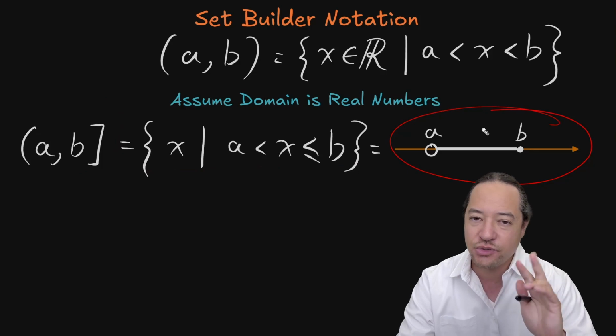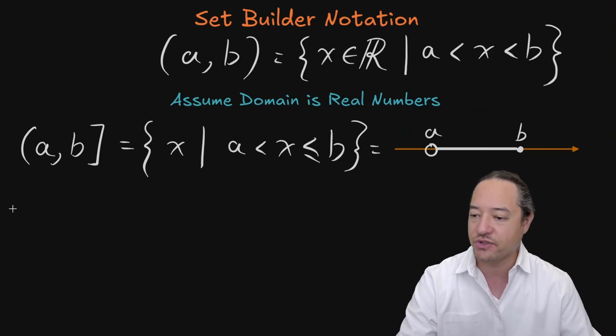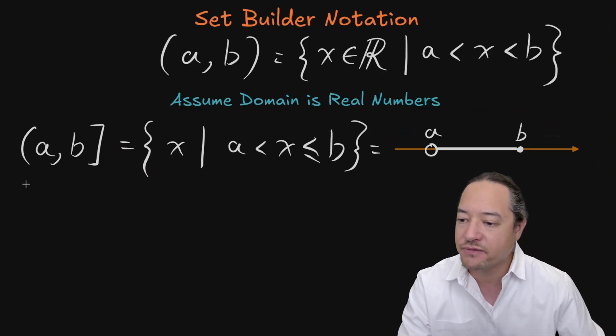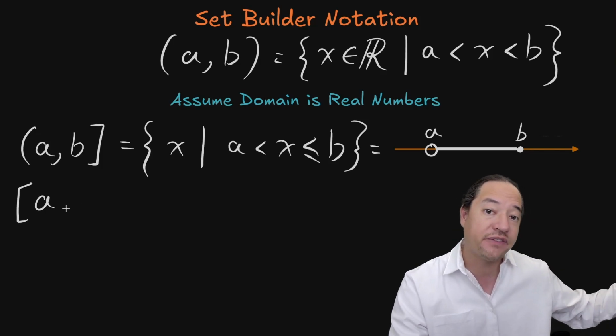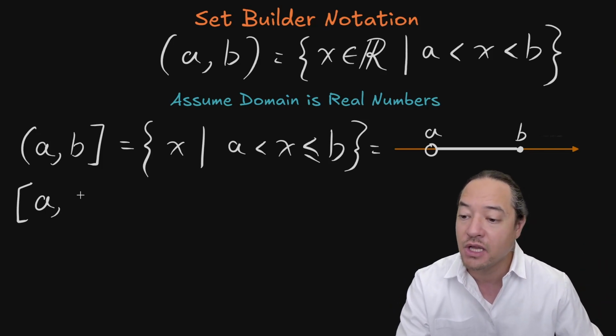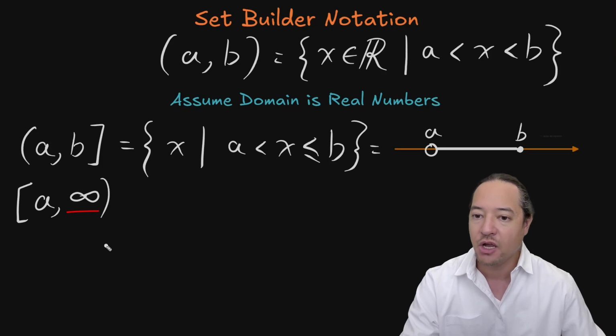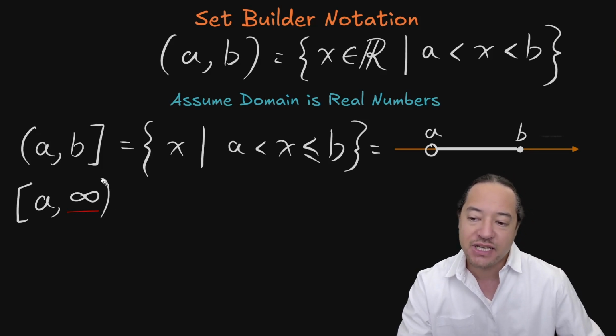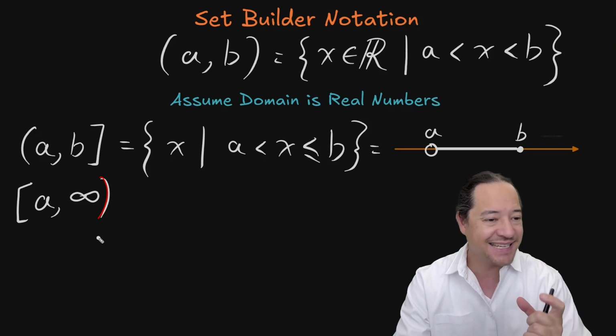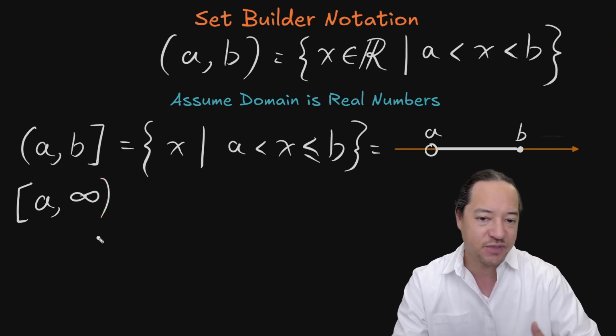Let me try and show you 2 more examples here. Let me show you this interval here where we're going to start at A and then we want to keep on going forever. So this interval we'll say will go to infinity. And what I want you to notice is that when we're using infinity here, we always represent this with an open interval. That's because infinity is not a real number. It's not possible to ever get to infinity.